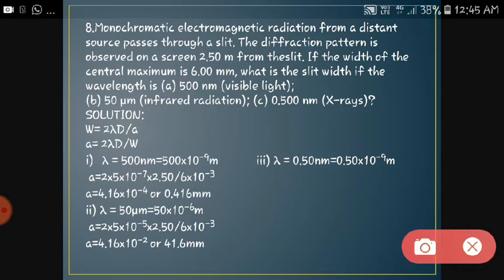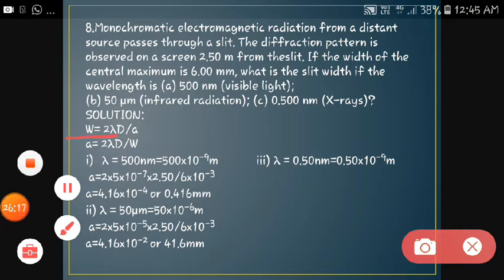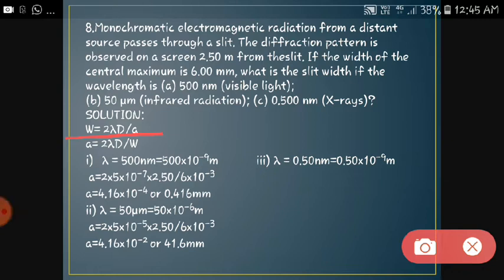Alright, so let's see the general formula. The general formula for the width of the central maximum is W equal to 2 lambda D divided by a. But we are going to calculate small a, the slit width. By rearranging the formula, we get our required formula: a is equal to 2 lambda D by W. Now we are just going to change the value for lambda.